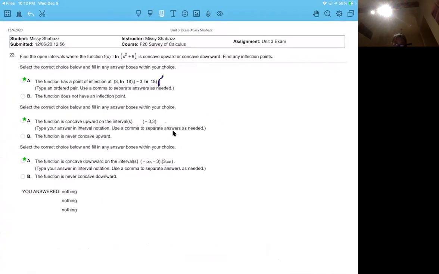I want to find the second derivative. The first derivative is going to be the derivative of the inside, which is 2x, over the inside.